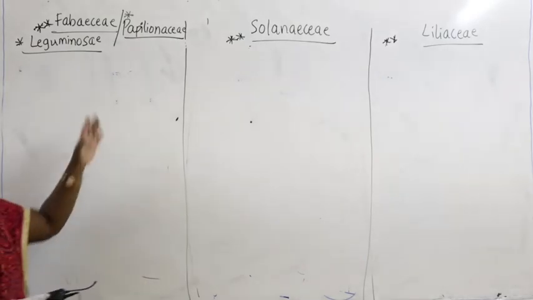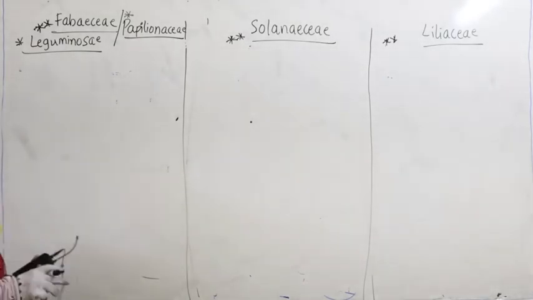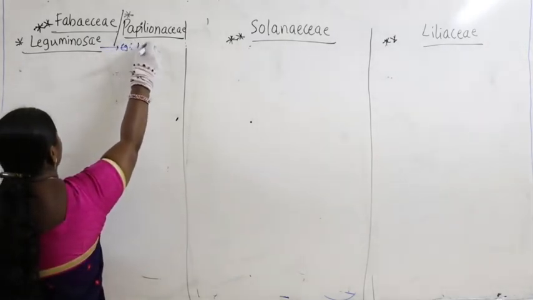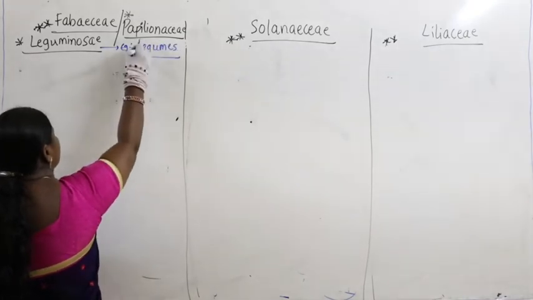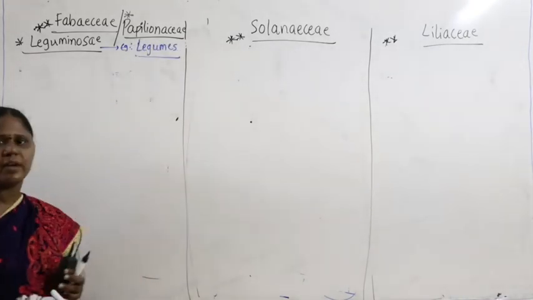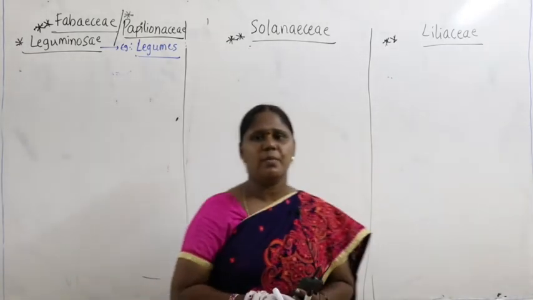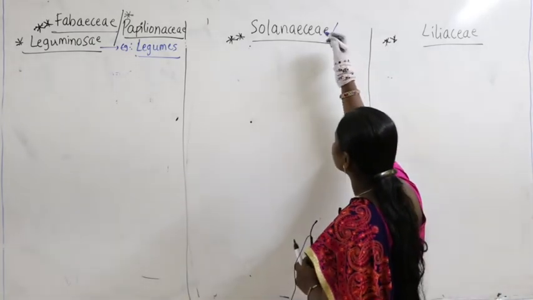Why? Because it includes mostly legumes. That is why, as it is found in legumes, it is also called Leguminosae, also called Papilionaceae. Now, coming to Solanaceae, most of the plants which fall in Solanaceae are used as vegetables.